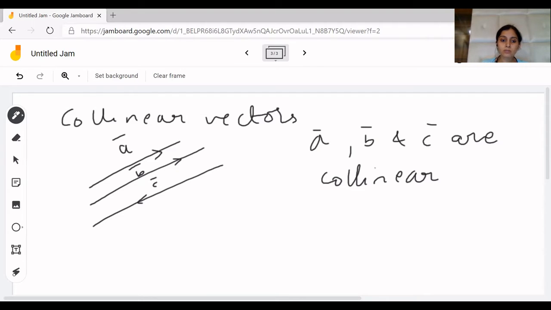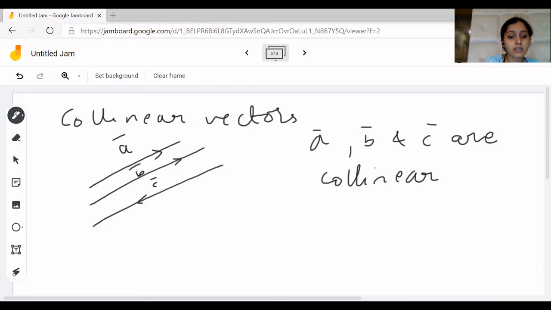Like parallel vectors will be what then? The ones which have the same direction. Two or more vectors having same direction are called like parallel vectors. Unlike parallel vectors: two vectors are said to be unlike if they are directed in the opposite direction. Two collinear vectors are like parallel or unlike parallel, right?